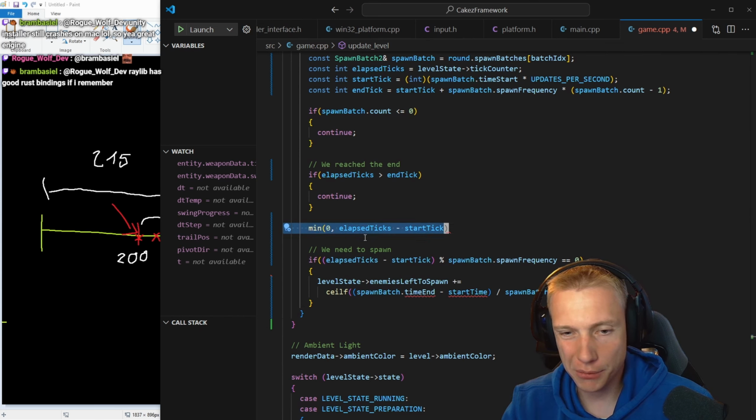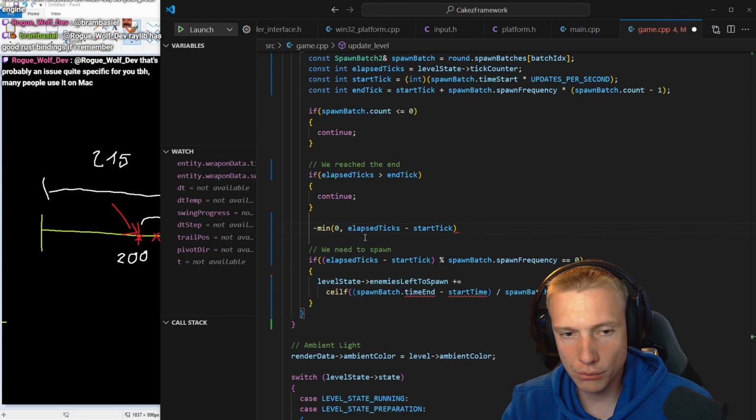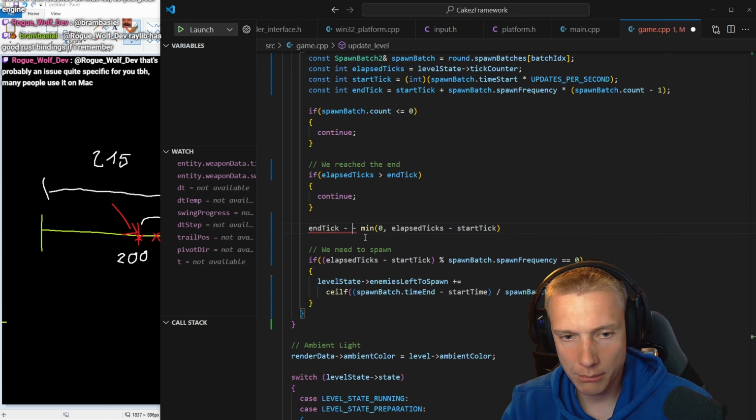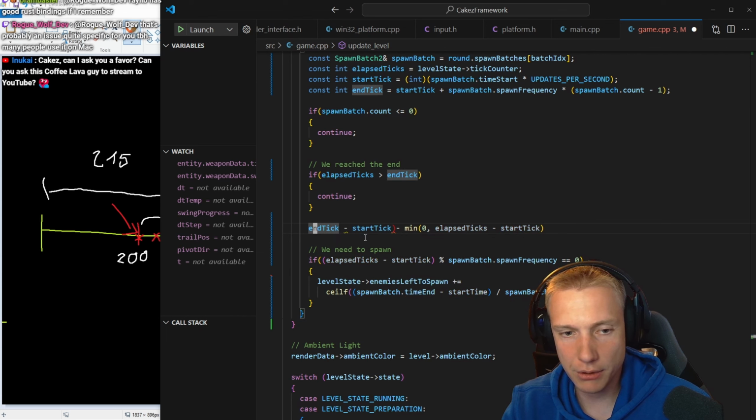And how many ticks do we have? Essentially end tick minus start tick. This is how many ticks in general we do, plus or minus 1 though.